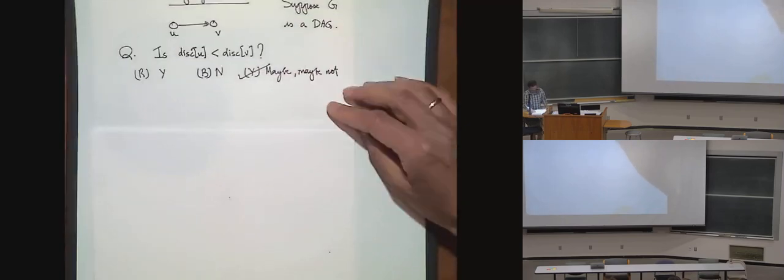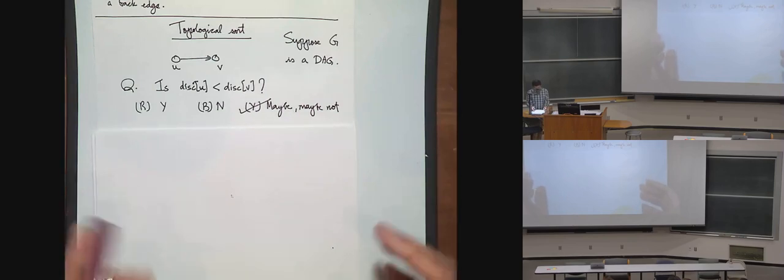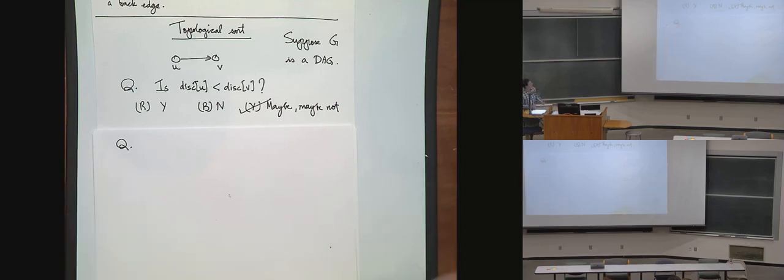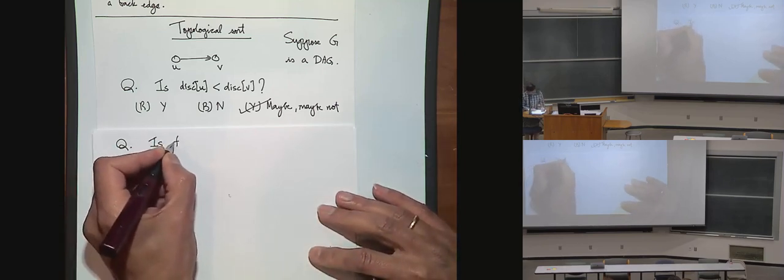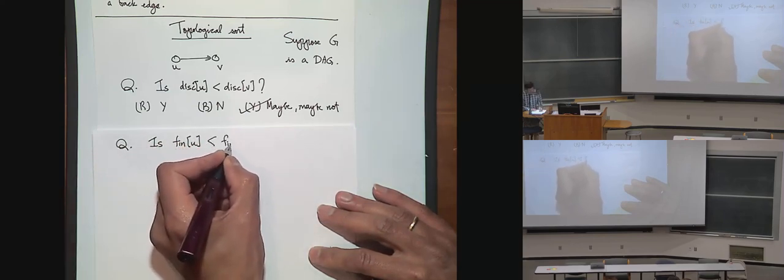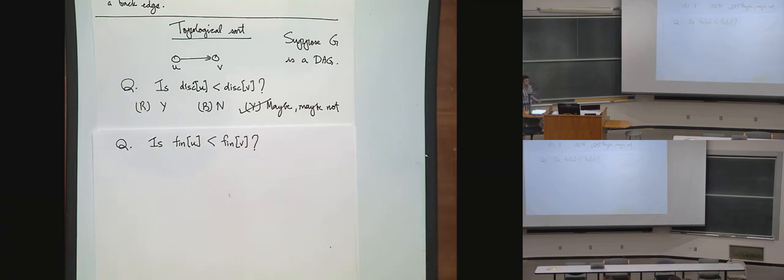Now the harder, more difficult question: is the finish time of U less than the finish time of V? This is a trickier question. I'm going to break this up into two cases so that we understand.